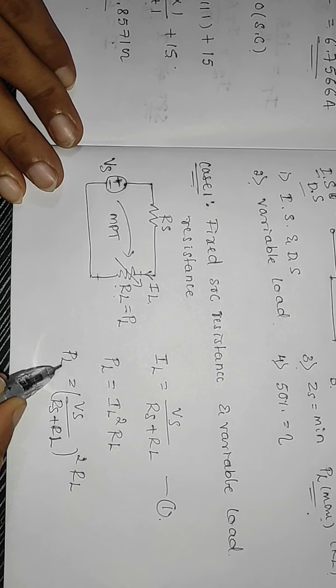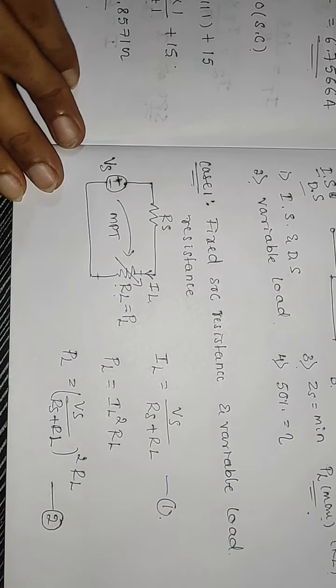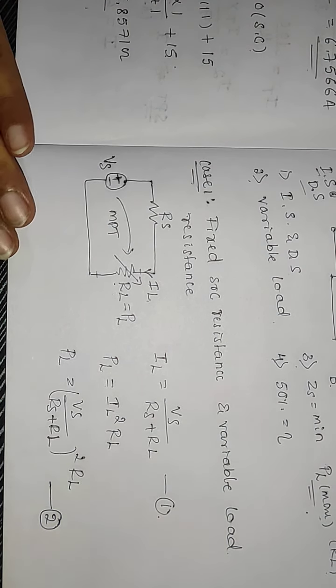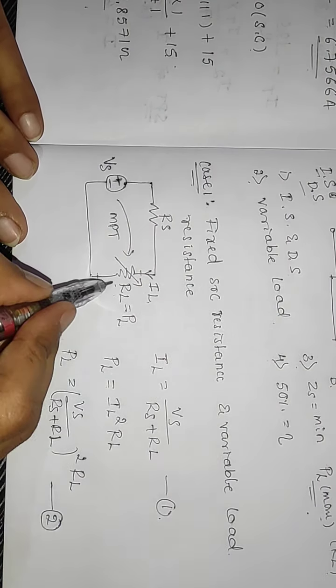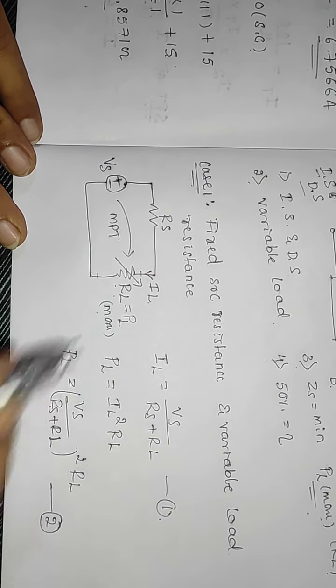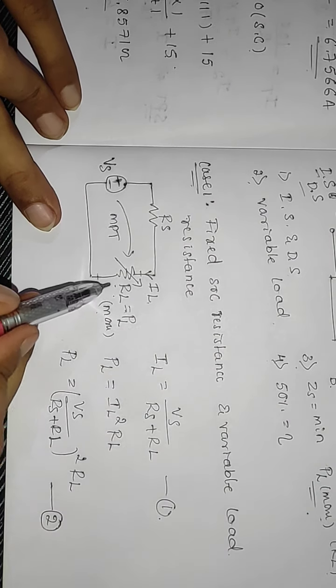Consider this as equation 2. Here you have to find not only the power across the load resistor, you have to find the maximum power across the load. To get the maximum power, you have to differentiate this equation with respect to the variable element in the load.